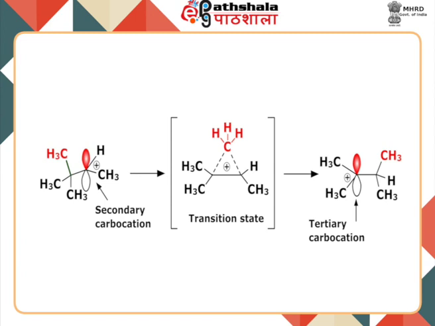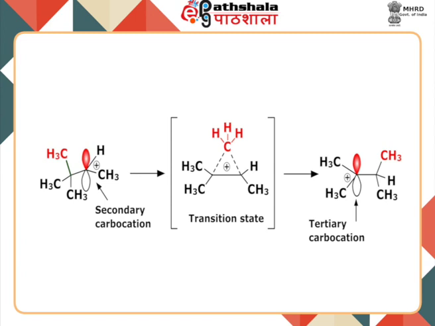Then as one bond shortens and the other lengthens, we end up with a more stable tertiary carbocation. So this is how the alkyl shift pathway happens, and it is very similar to the hydride shift, just that it is the entire methyl group which is shifting from the relative 1 position of carbon to the relative 2 position of the carbon, and this 3-membered cyclic transition state is involved.